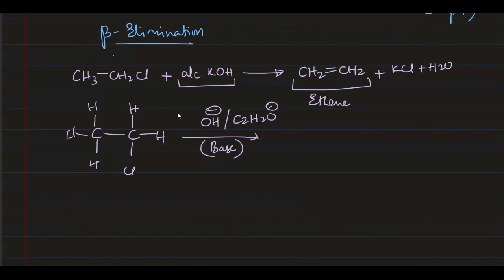Now what is the difference between a base and a nucleophile? Base actually attacks proton, but nucleophile attacks carbocation. So anion, if it attacks carbon, positively charged carbon, then it is a nucleophile. If it attacks positively charged hydrogen, then it is base.